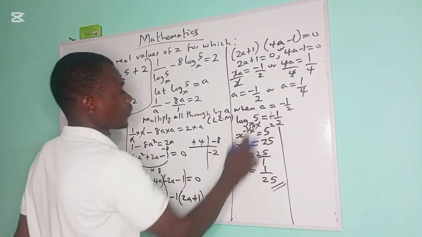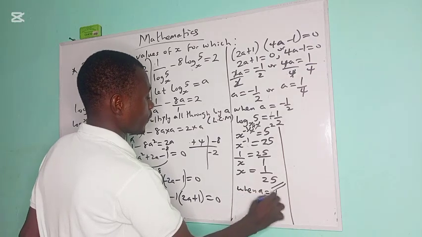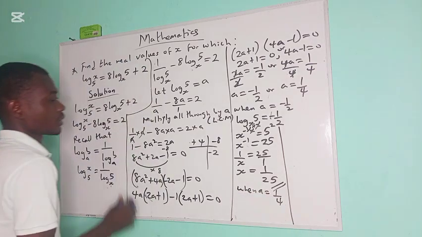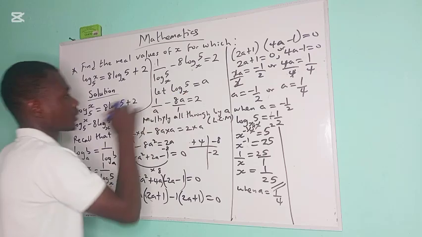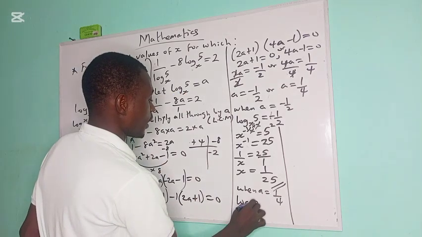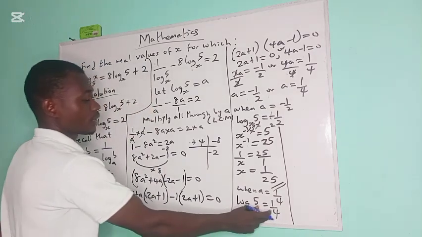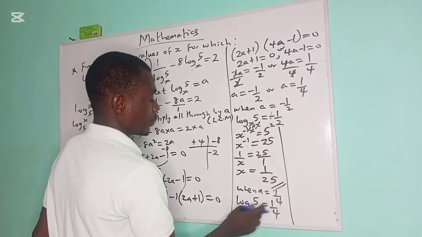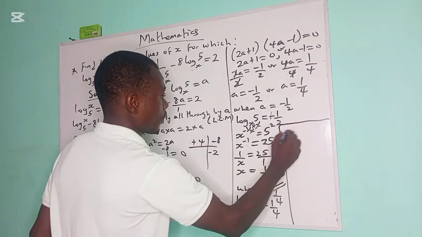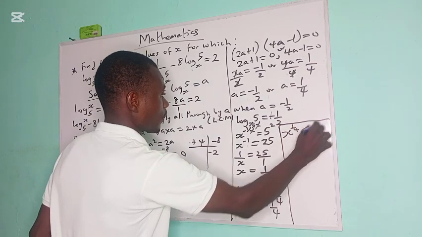Now let's look at when a is 1 over 4. What is x? So that will be log 5 x is equal to 1 over 4. So take it to index form. That will give you x raised to 1 over 4 is equal to 5.